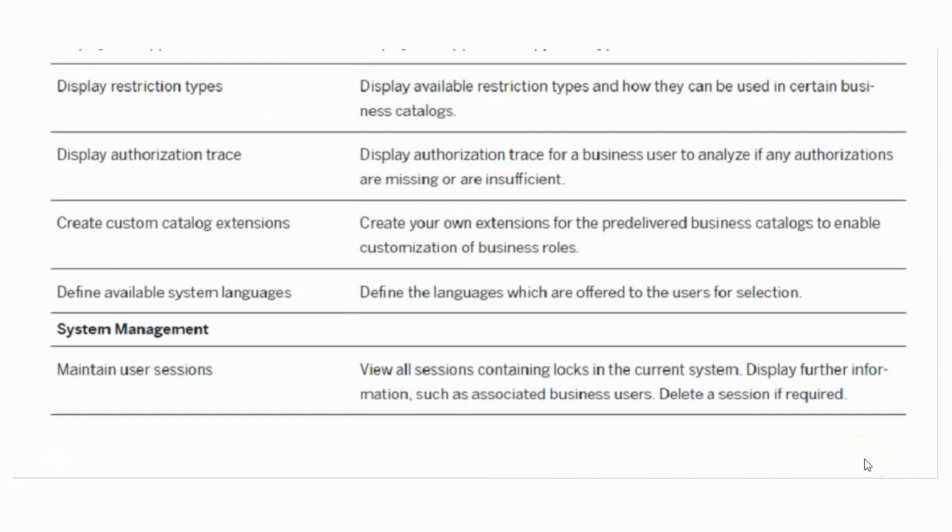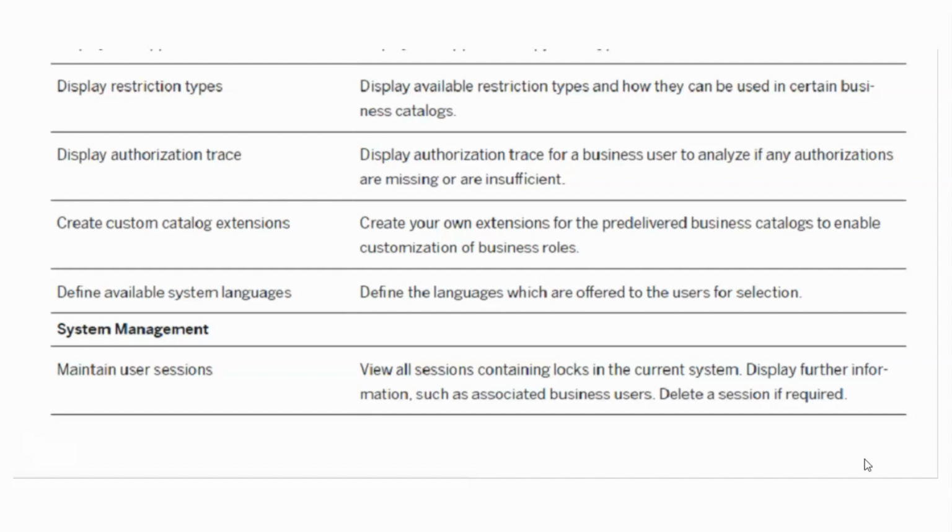We also have the feature of displaying restriction types. We can display available restriction types and how they can be used in certain business catalogs. Display authorization trace: we can trace the authorization for a business user to analyze if any authorizations are missing or not sufficient to perform the tasks.